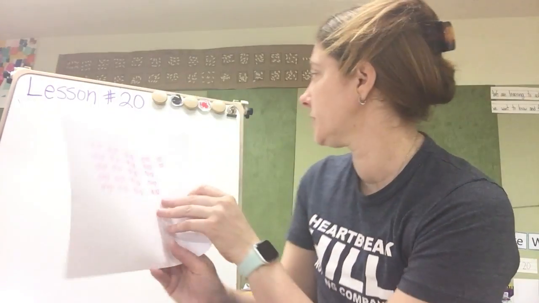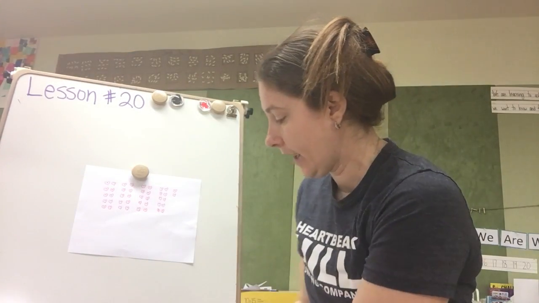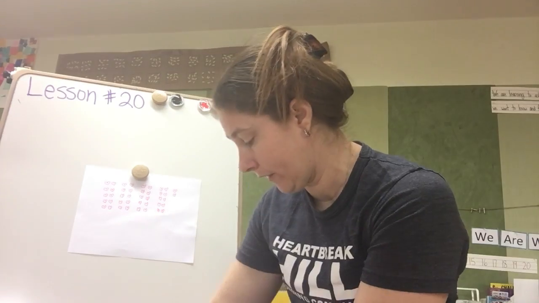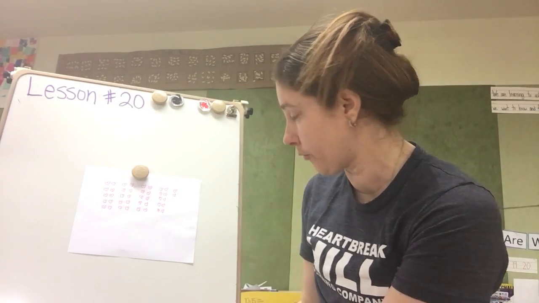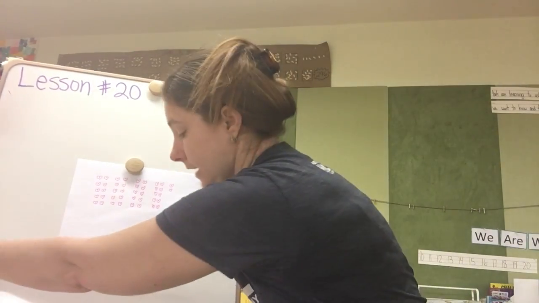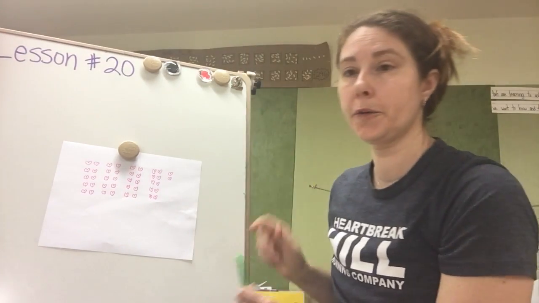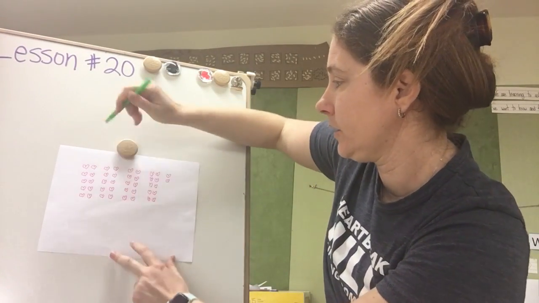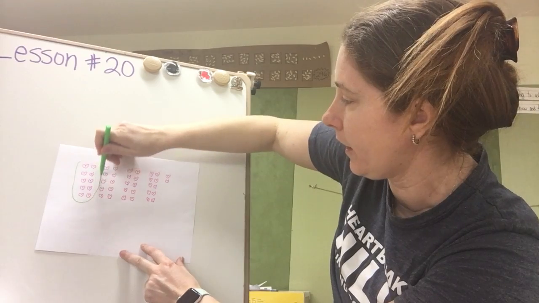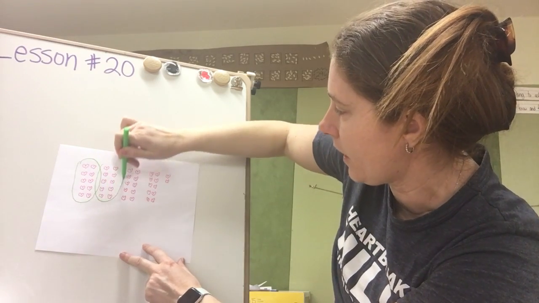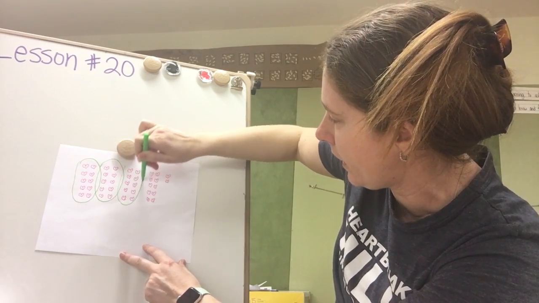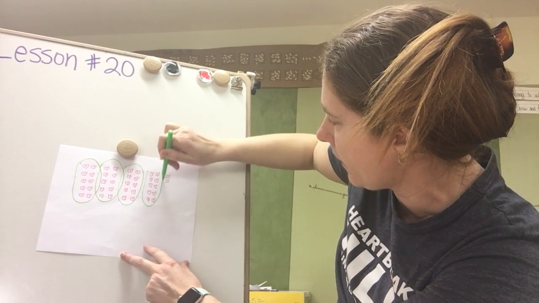So an easy way to do this, if you're able to draw on it, even better. If not, you have to do it in your brain, is let's count our groups of 10. So if we had a group here, a group here, a group here, and a group here.